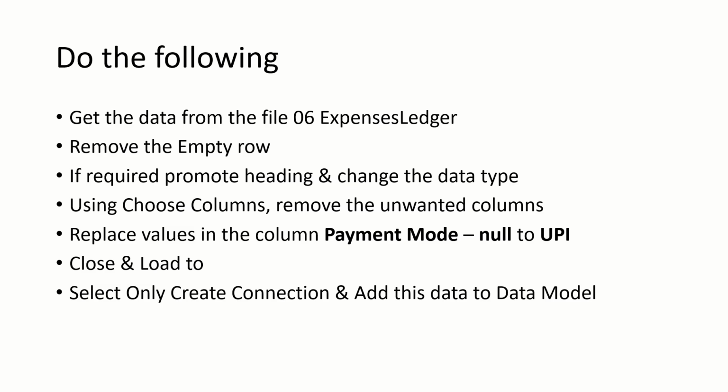In payment mode, wherever I am finding null, replace it with UPI. Then load it to Excel. While loading, create only the connection and add it to the data model. Step by step, it's there on the screen itself.